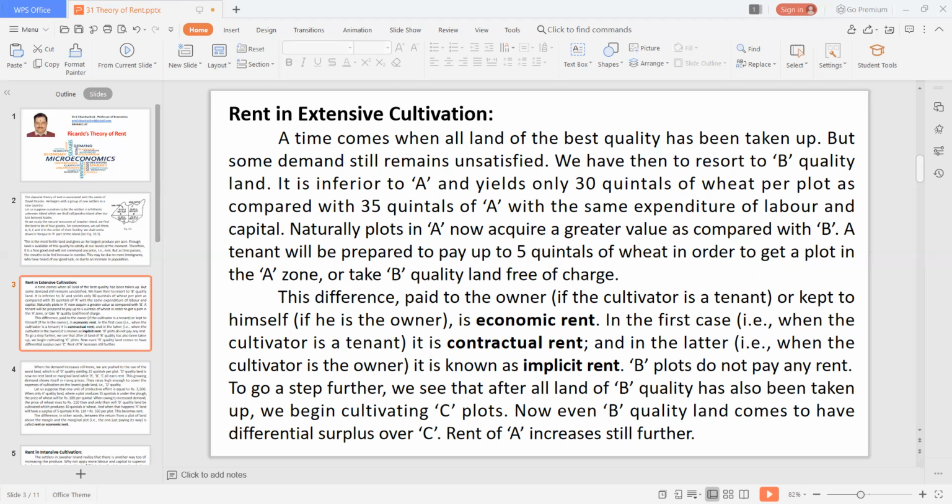To go a step further, we see that all the land of B quality has also been filled up. They begin to do business in the C plot because of the greater population and excess demand. Now even B quality land has a differential surplus over C, as the surplus of land A will increase further.